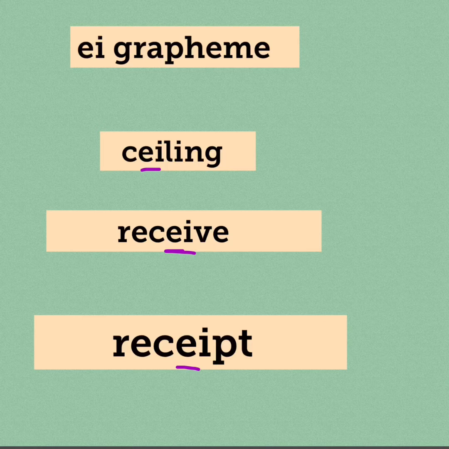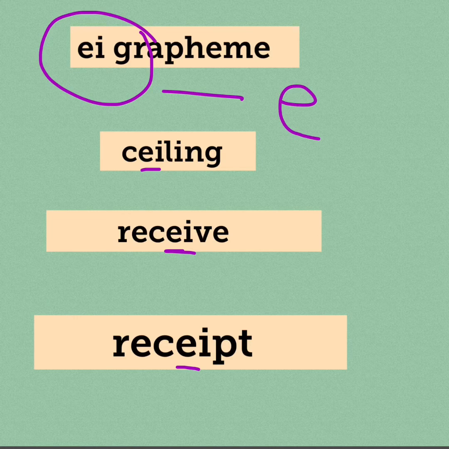And you can see the receipt has the EI grapheme, which represents that long E sound. Are there any other words you can think of with that grapheme EI that represents that EE sound? If you can find any other words, please write them down and upload them on your portfolios.